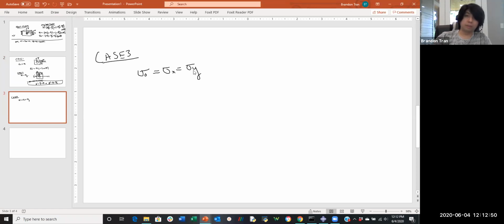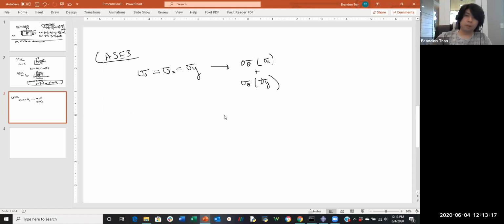In this case, we'll make it the same, but sigma y can be like twice the amplitude of x. Essentially what you do is superposition. You would solve for sigma x first if you were to only have a sigma x. Then you would add that to the solution if there was only a sigma y. So it's a method of superposition you apply to stresses.